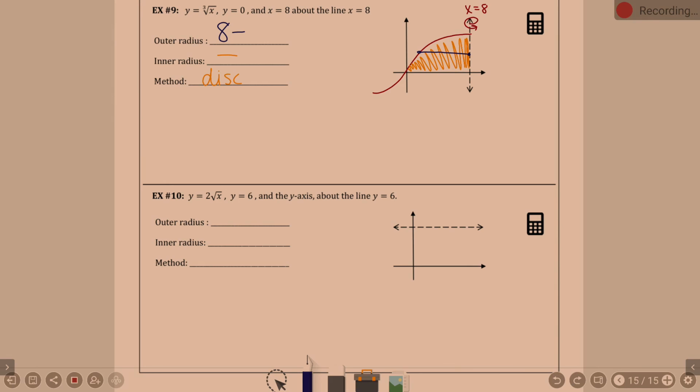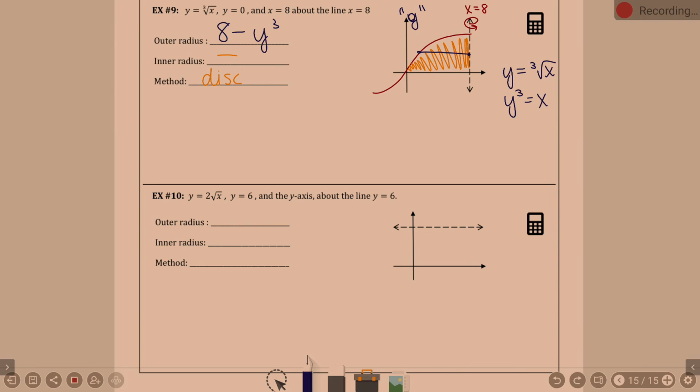This is a vertical axis, so we are in terms of y. So you need to get back to the fact that x is y cubed. So 8 minus y cubed, because it's a vertical axis. Always ask yourself, what are we working in? A vertical axis says I'm going to be working in terms of y's.